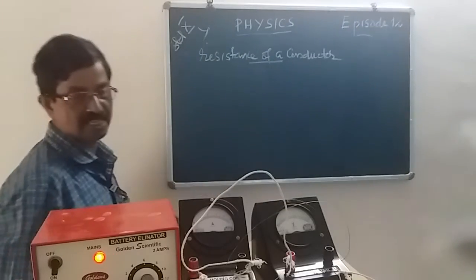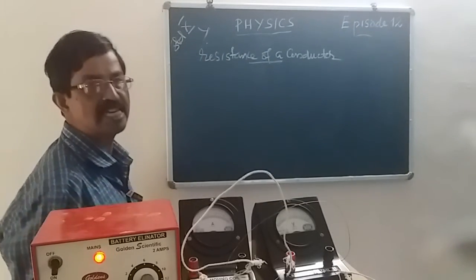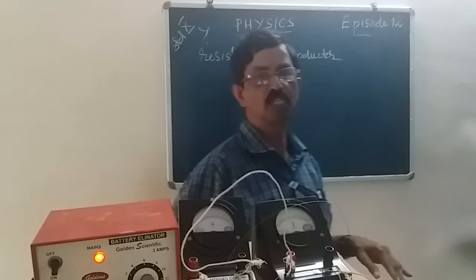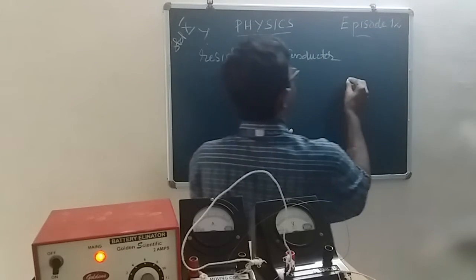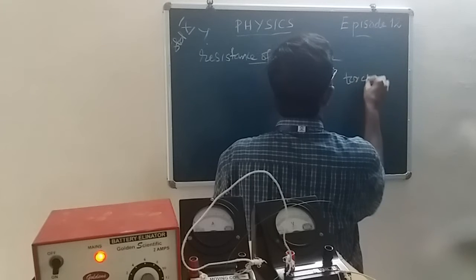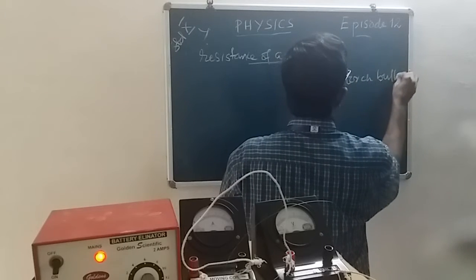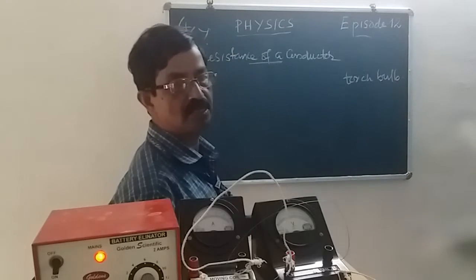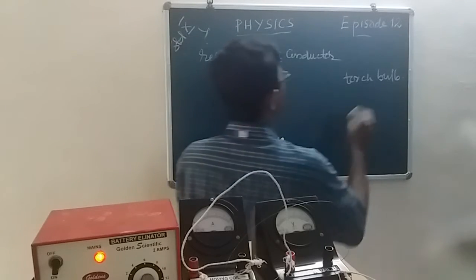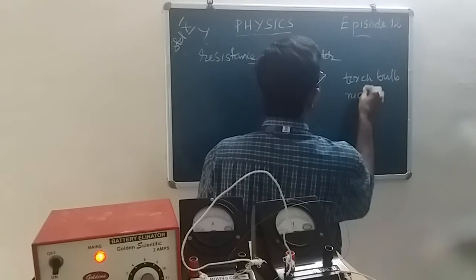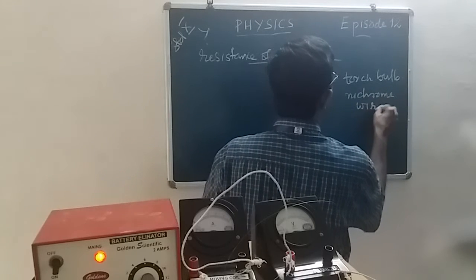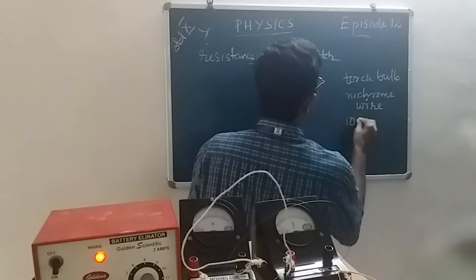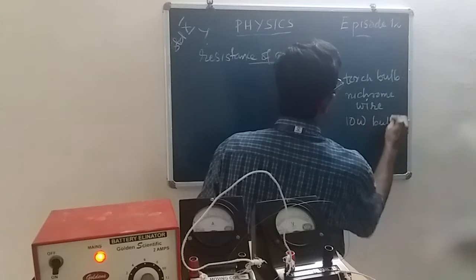Resistance of a conductor. The factors that affect the resistance of a conductor. For that, we require a torch bulb, a nichrome wire, and a 10-watt bulb.